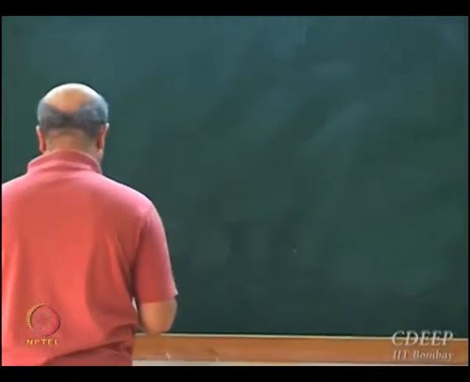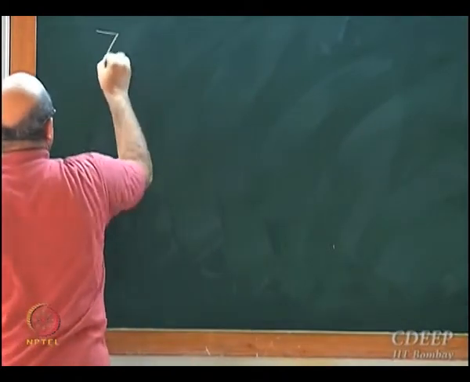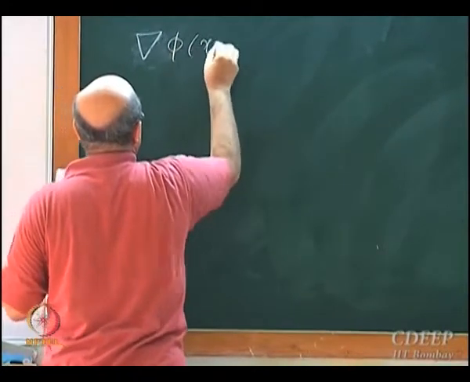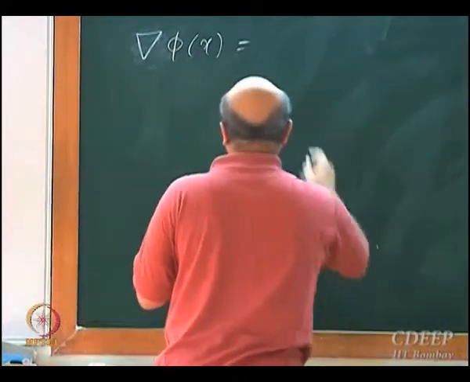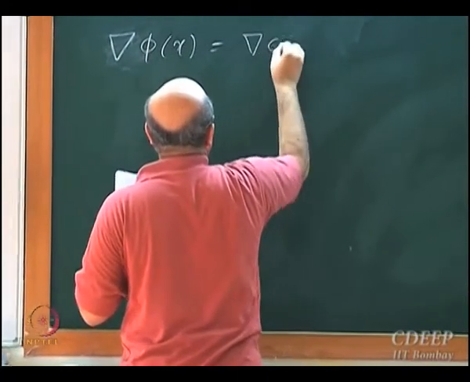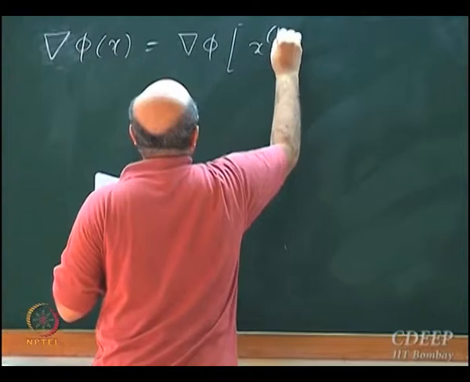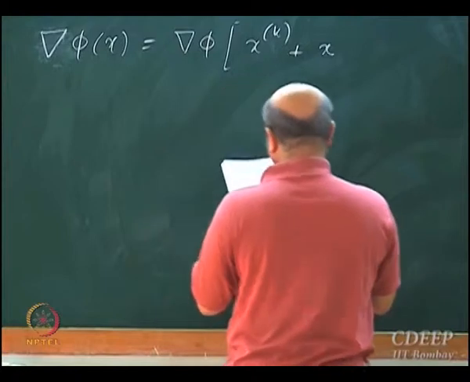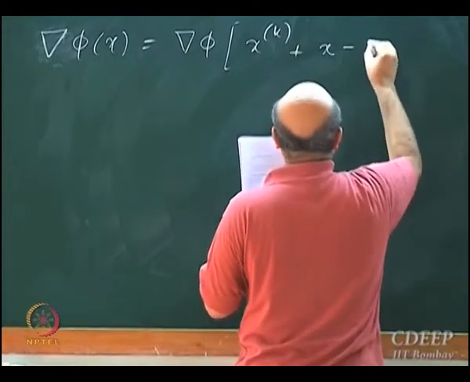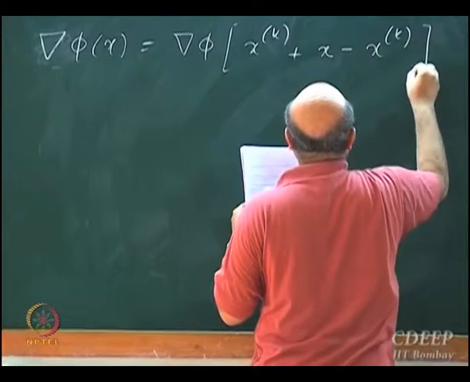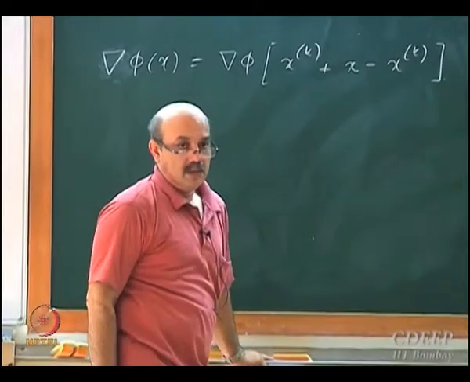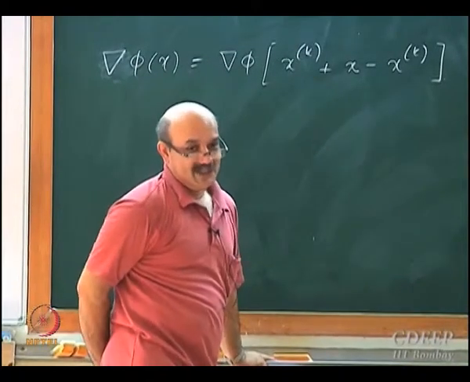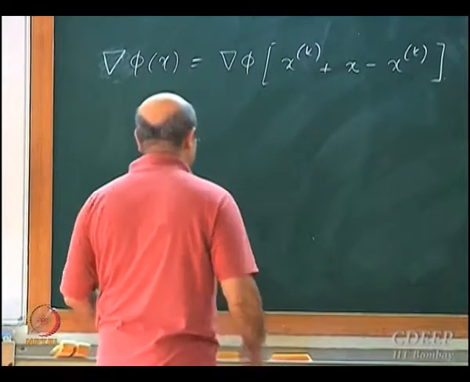I'm going to write grad phi x as grad phi xk plus, and use our good old Taylor series expansion.